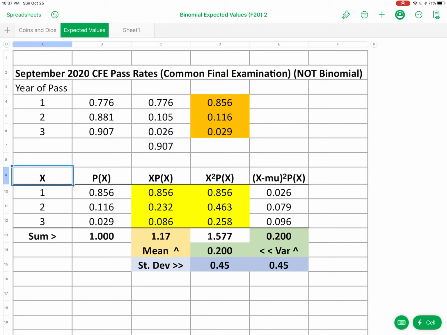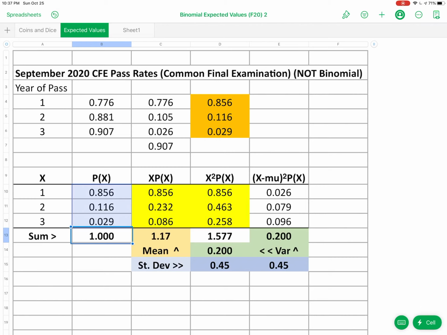So this is just a probability distribution. What year did you pass your CFE? Did it take you 1 year, 2 years, or 3 years? And here's the probabilities. And when you add them up, they come to 100%. Remember, these are the people who actually eventually got their CFE.